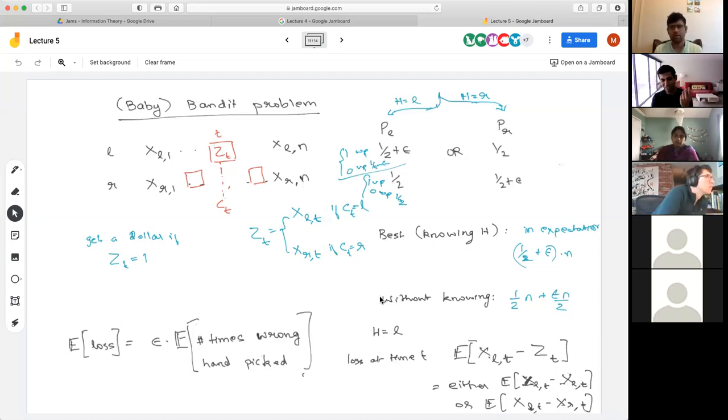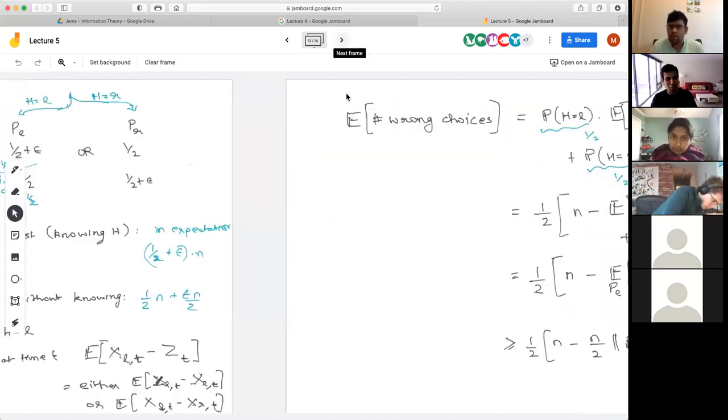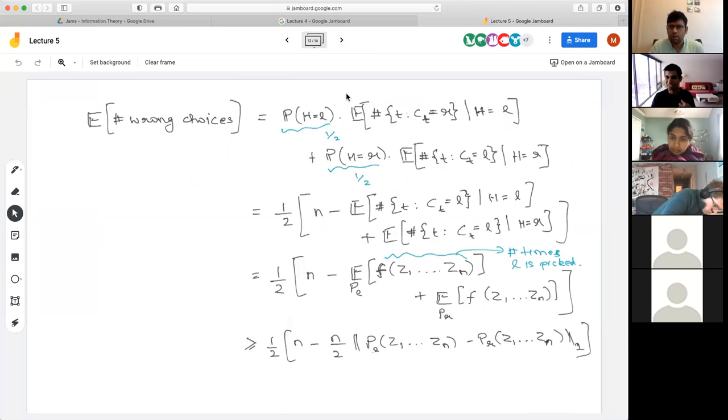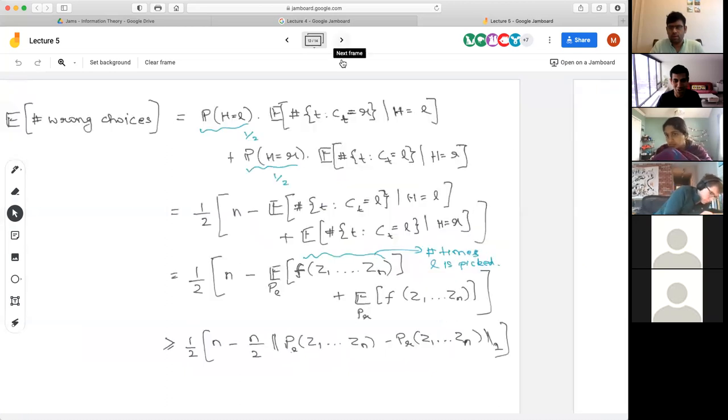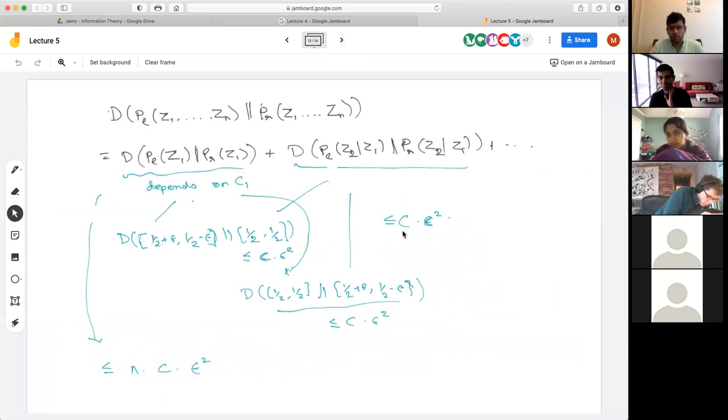The K-arm bandit problem has essentially a similar proof, except that the setup becomes a little more confusing because the Z's and the F that we use become more complicated. So it's slightly more involved, but conceptually, this is all there is to it.